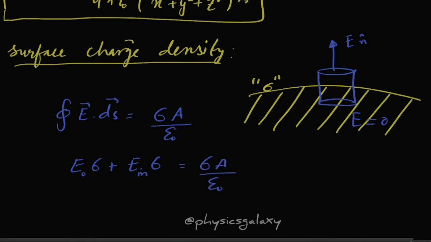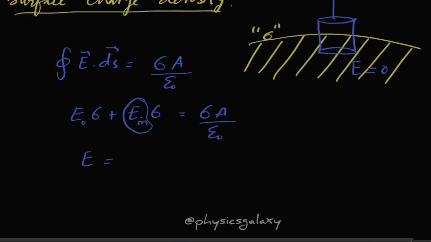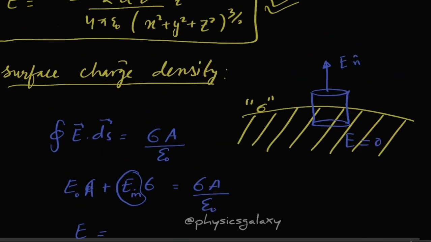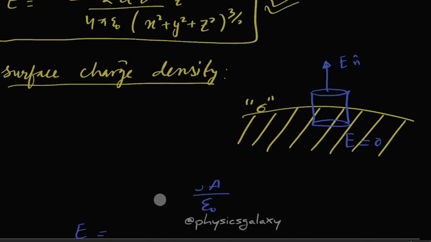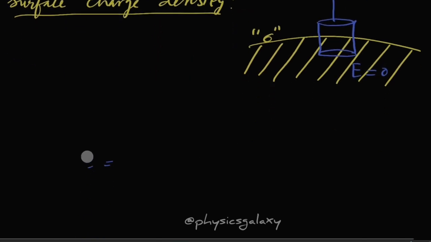Now the electric field inside is 0, so my electric field outside will be simply... So we'll use Gauss's law.